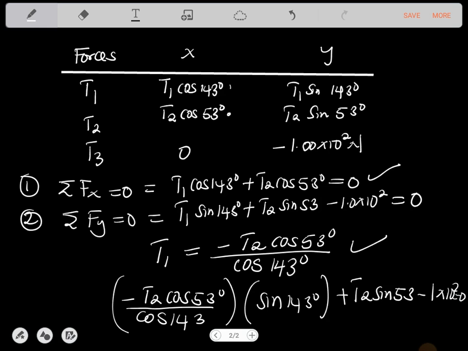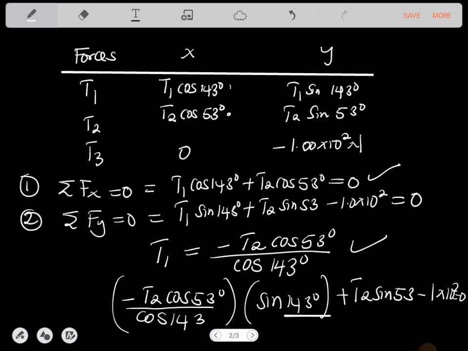Now let us work out this. So we have cos 53 divided by cos 143. I'm getting negative, but there's already a negative here, so that will give us a positive. Let's multiply this positive with sine 143. So we say 0.75, you multiply by sine 143. I'm getting 0.45.